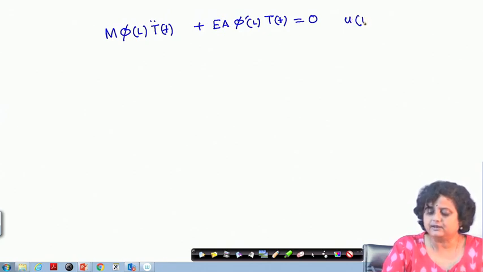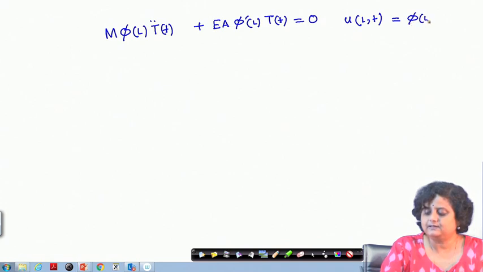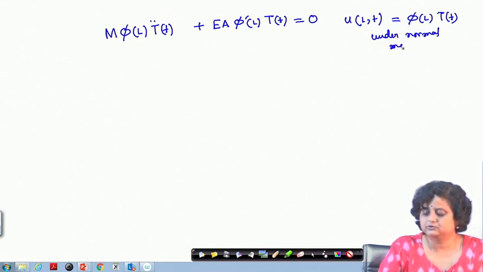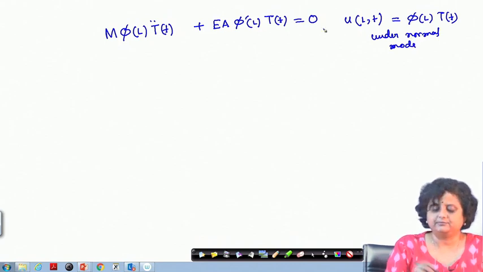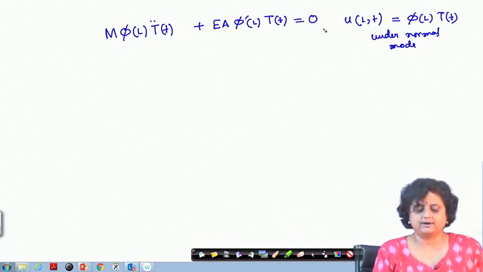I have just written u L t as phi L into T t under normal mode, and then substituted into the previous boundary condition.